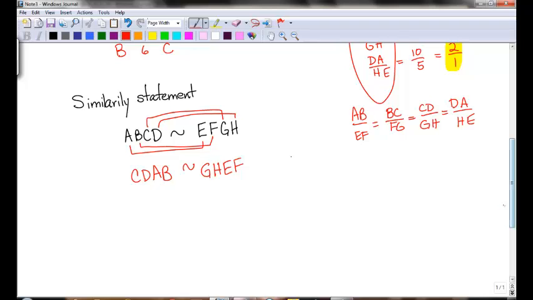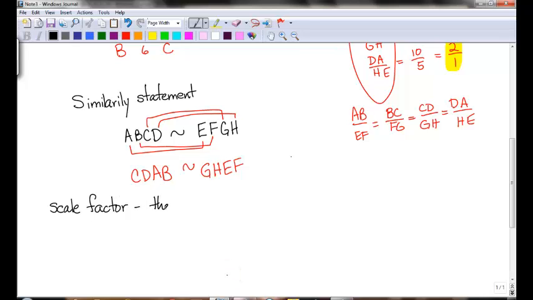Okay, the next thing the author defines is a scale factor. You already worked with scale factors on today's assignment. When you said x is a common factor, and then you multiplied to find the perimeter, you were using the scale factor.